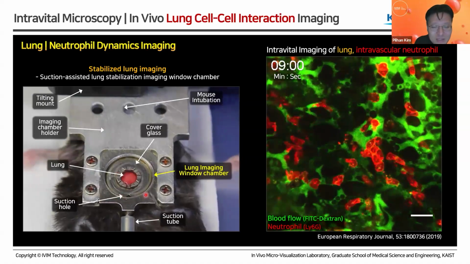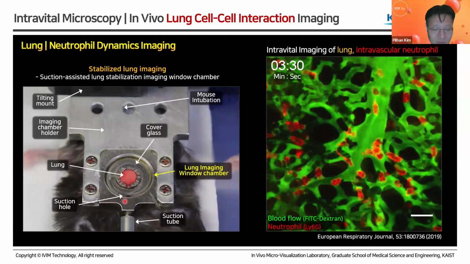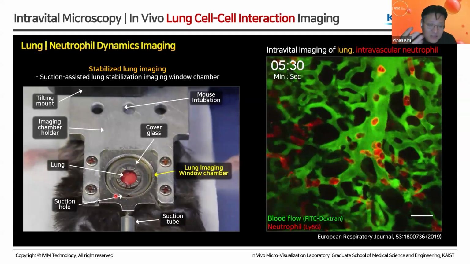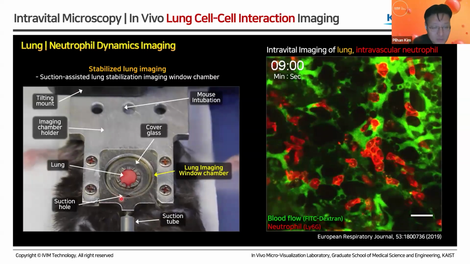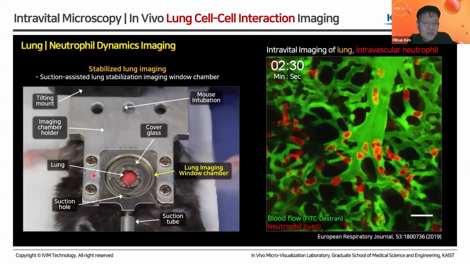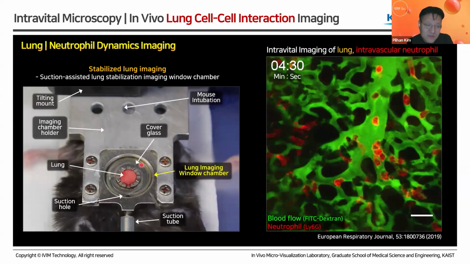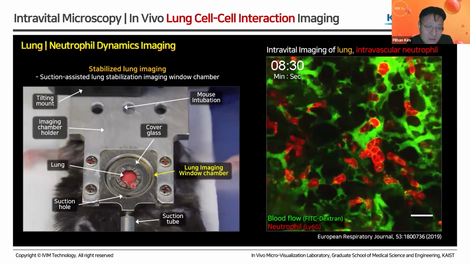So we built this negative air pressurized imaging chamber here. We have a small hole here, so we can suck out the air and build up a very gentle negative air pressure inside, which is enough to stabilize the surface of this lung to this transparent cover glass, as you can see in here. Okay.